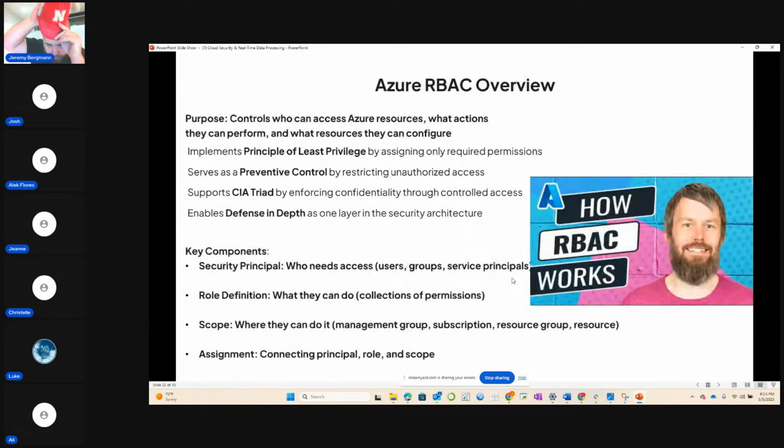It's how you assign different roles to users. We just talked about that with Active Directory. It's Azure Active Directory. And then you can assign a whole bunch of different types of roles to a user, and even different roles depending on what resource they can configure.